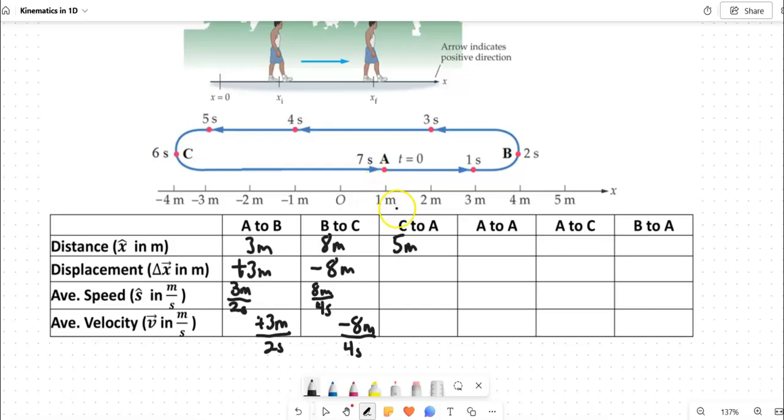So this is my end position, which is positive 5 meters away from this initial position. So the initial position is negative 4 meters. We're going to subtract that from a positive 1 meter. Positive 1 minus negative 4 is going to be a positive 5.